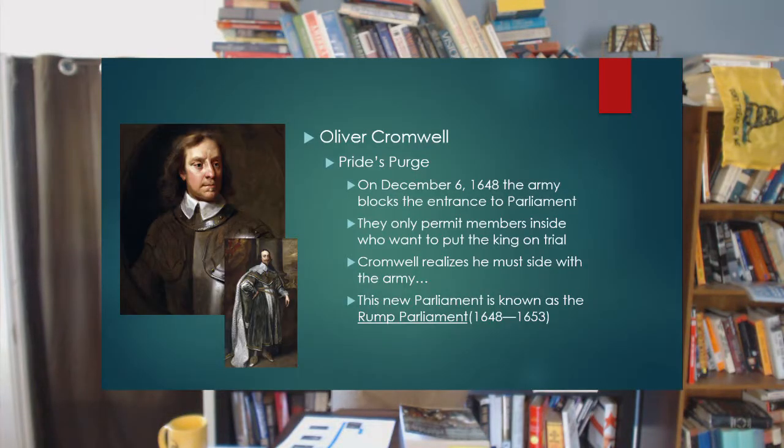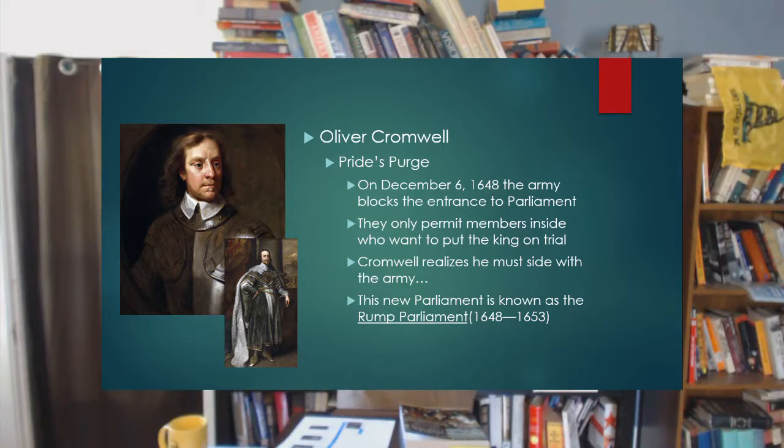Eventually what happens is the army gets rid of anybody in Parliament who is not radical enough. This is called Pride's Purge. Basically, the army blocks the entrance to Parliament, and the only people inside Parliament are the ones that want to punish the king. At first, nobody wants to punish the king or kill him. It was just a civil war.